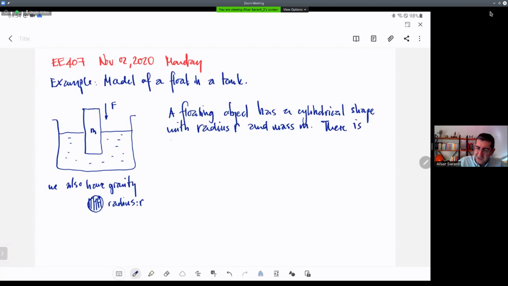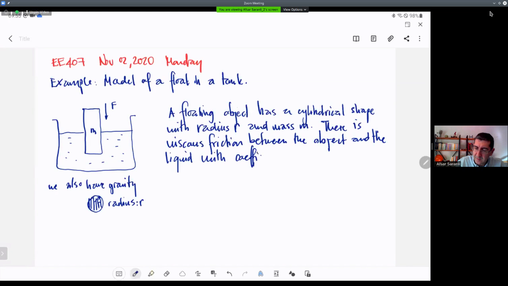There is viscous friction between the object and the liquid, with coefficient K. This is essentially per unit area.